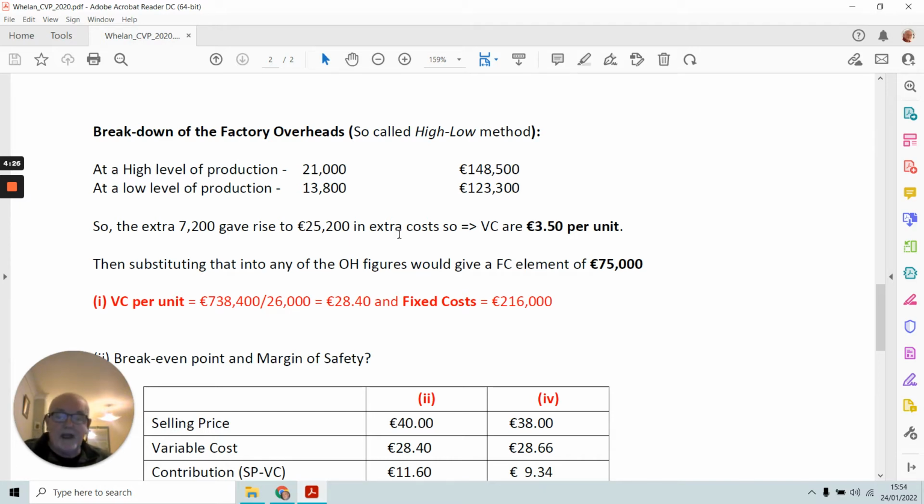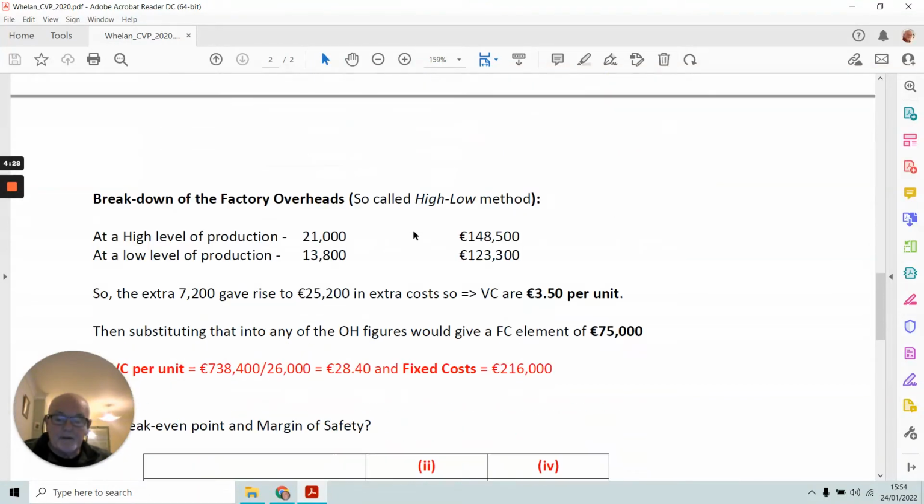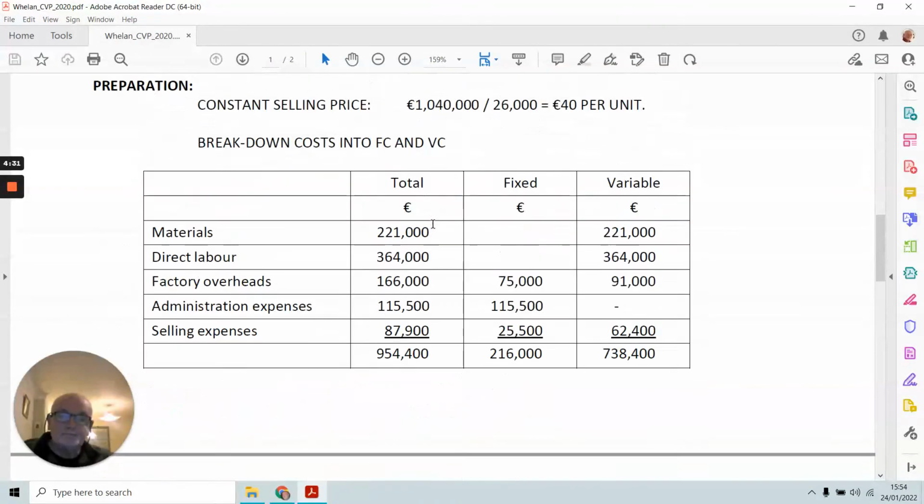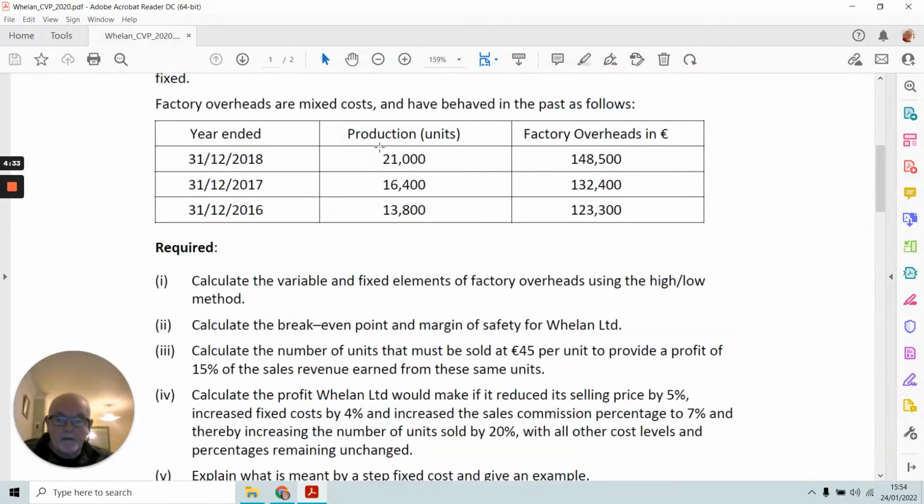And you can put that into any of these figures that they gave us here. Put €3.50 in there for the variable element of production costs and take it away from the total 148,500, and the answer you'll get will be your fixed costs. Again, what we're saying is we've established that the variable cost element of those overheads is €3.50 per unit.